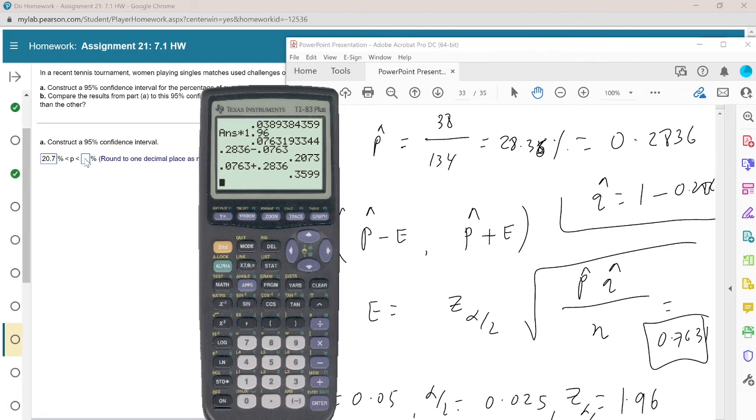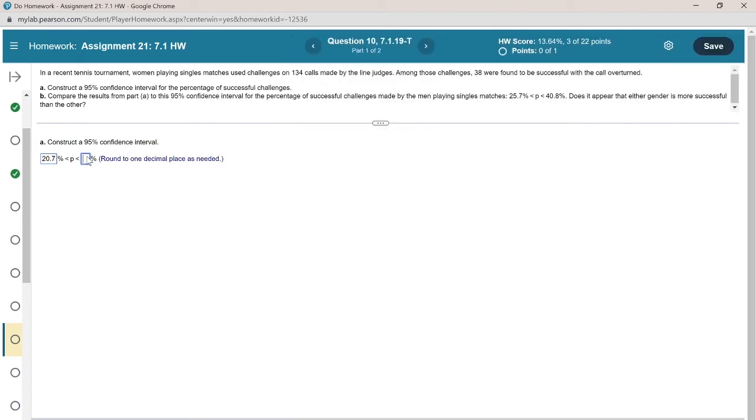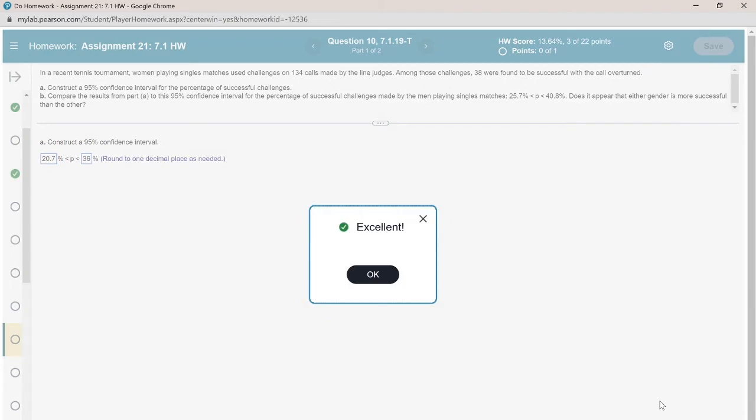If you round it to one decimal place, it would be 36, because if you multiply it by 100 to convert that into a percentage, it would be 35.99%. But if you want to round it to one decimal place, there is a 9, so you have to change this 35 to 36. So that's how we can find the confidence interval.